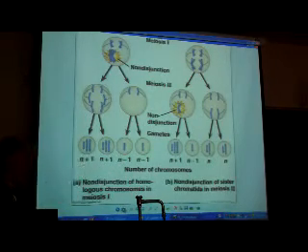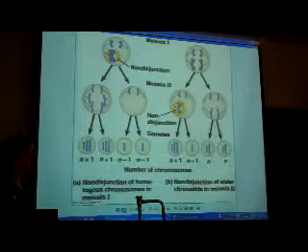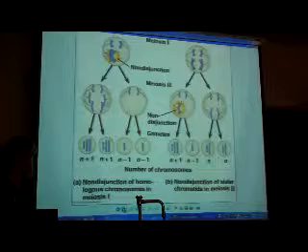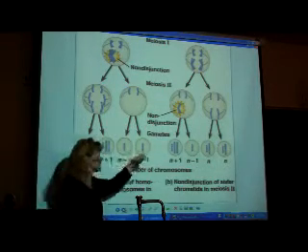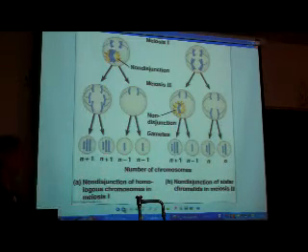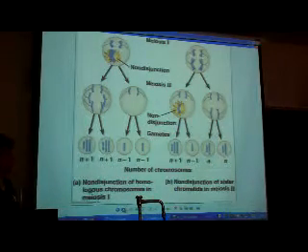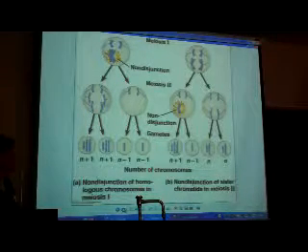If those go on to hook up with another gamete and form an individual, that individual isn't going to turn out quite right. Same thing over here on this side. Non-disjunction happened a little later, but still, same deal.